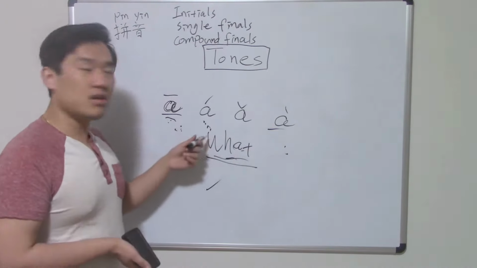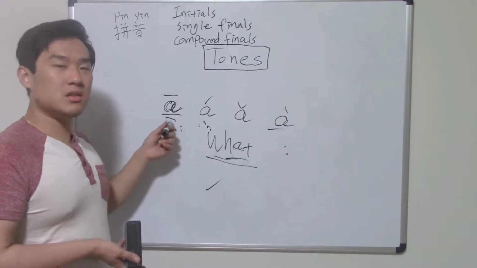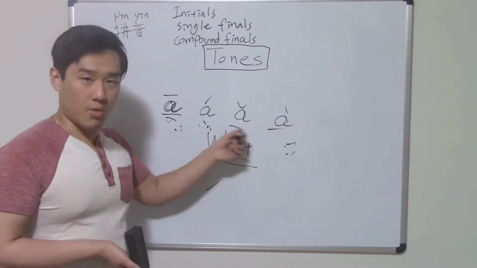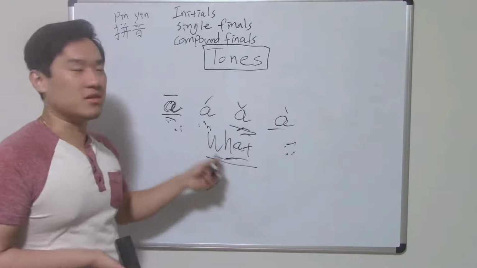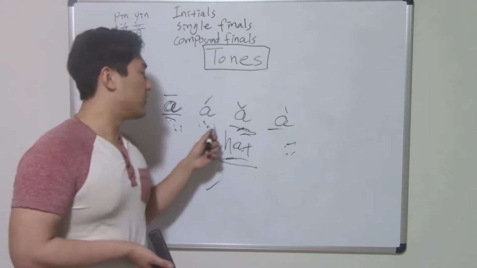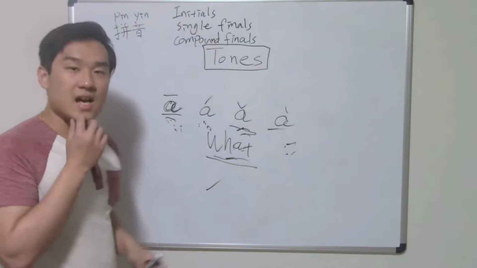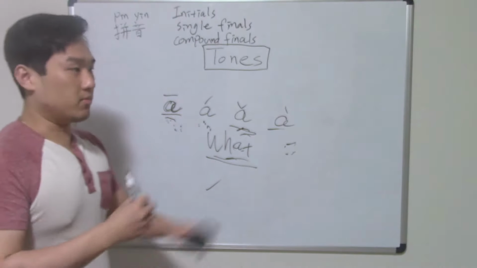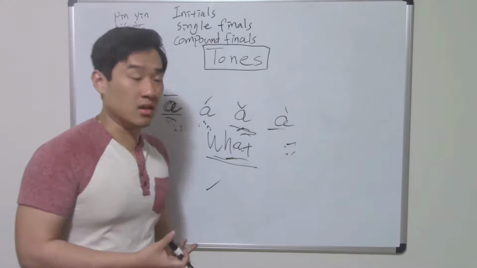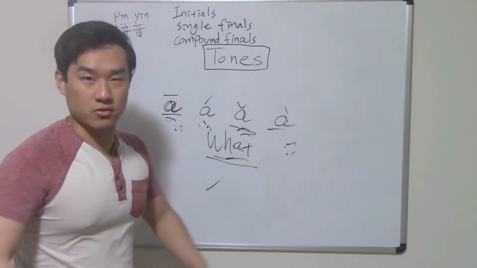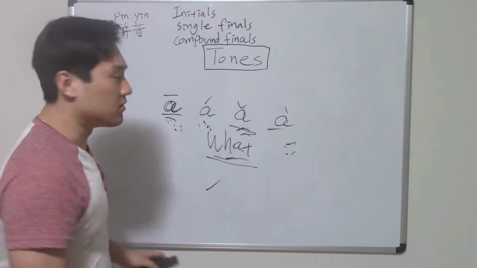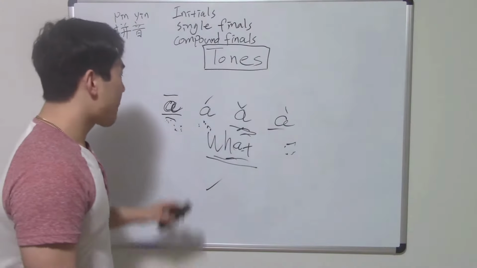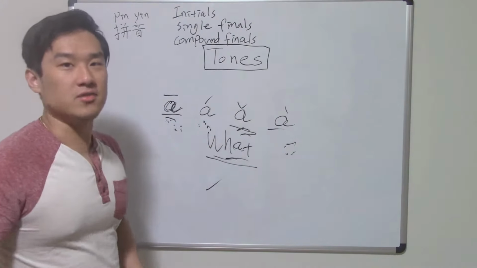You can tell these tones sound different, but it's still the same word. People say, you still speak English in the same accent, you're fine, right? But in Chinese, no. If you change those tones, it's just not the same.